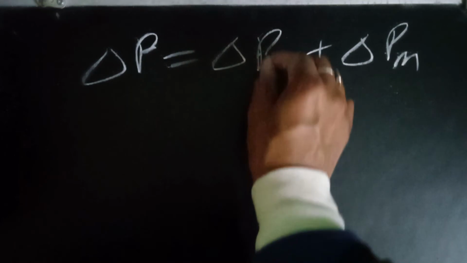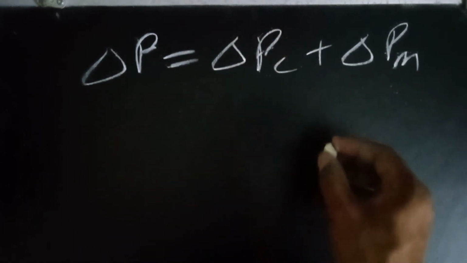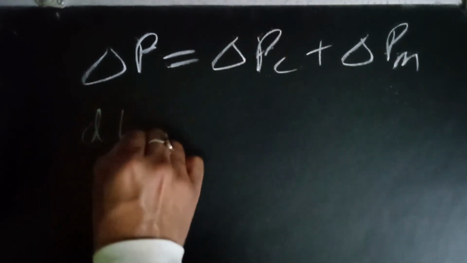So finally we can write delta p, the total pressure difference, as delta pc plus delta pm.